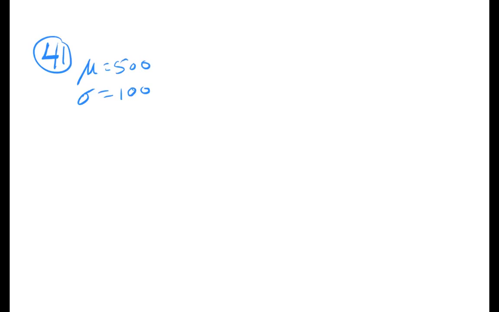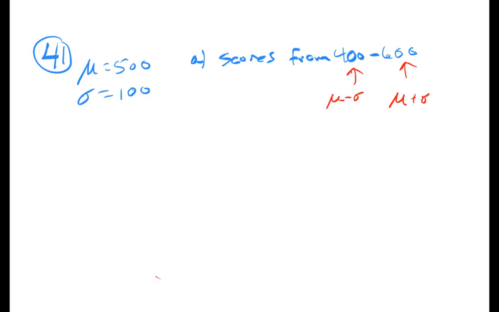What percent of the scores from 400 to 600? Now, in my thinking, 400 is mu minus a standard deviation, and 600 is mu plus 1 standard deviation.